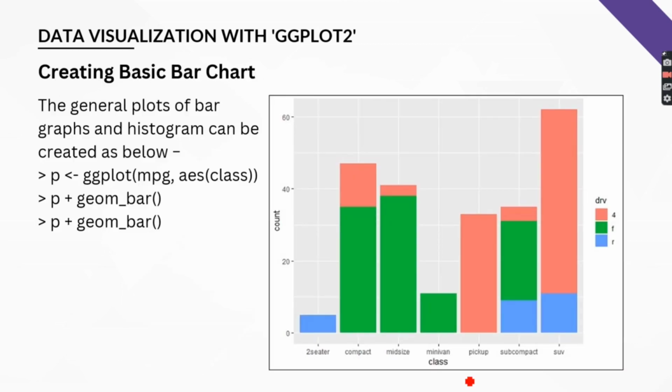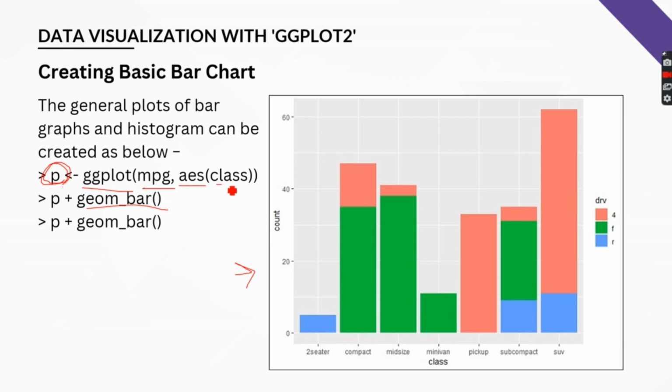Let's see one more, bar chart. How bar chart is going to be? We will use geom_bar function to define a bar chart. How? We assign ggplot to a name called p. Now p is the variable where we are saving this. Again, ggplot, mpg is the data set that we are working on.